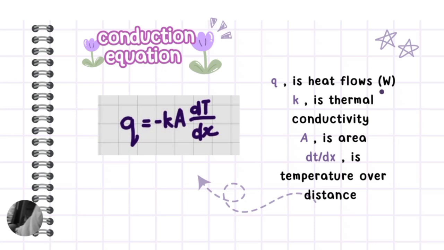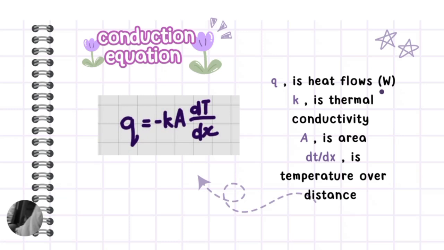The higher the temperature difference or the thinner the material, the faster the heat will flow. And lastly, the negative sign in the equation indicates that heat flows from a region of high temperature to low temperature, opposite to the direction of the temperature gradient.